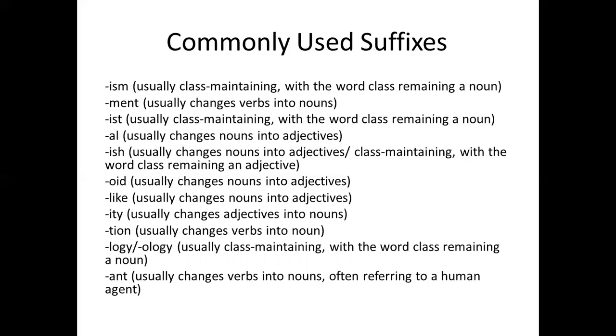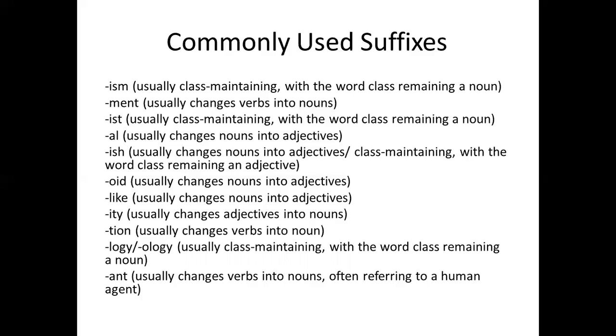So try to come up with examples for each and every suffix that's on the list here. Okay, I'll also give you an example for the last suffix on the list, which is ant. So if the word is inform, then you can add the suffix ant to it and come up with informant. Inform is a verb.